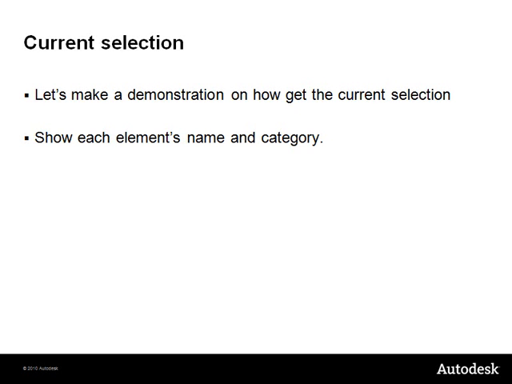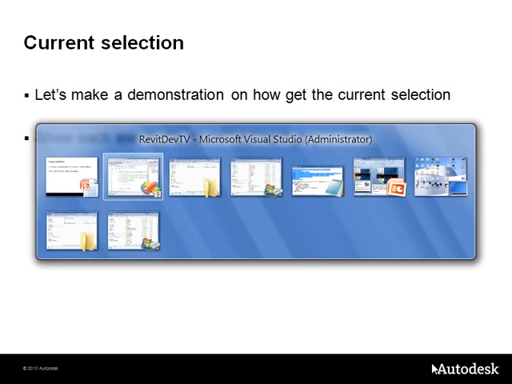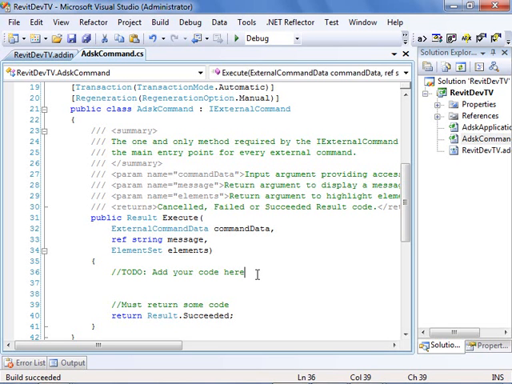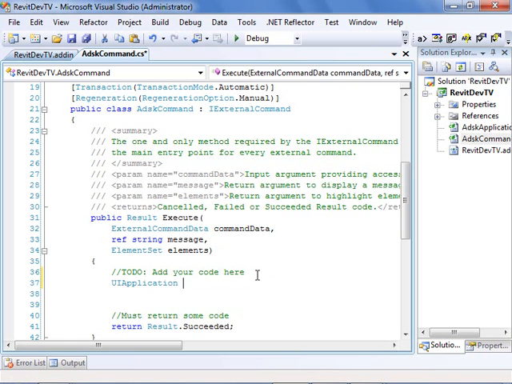Now let's write some code. I will show you how to access the current selection, iterate through each element and show its type and parameter. We are going to use the project created with the template. So let's start with the UI application.